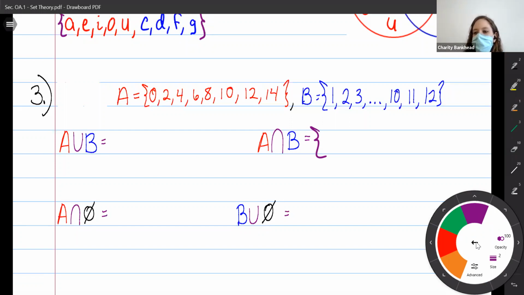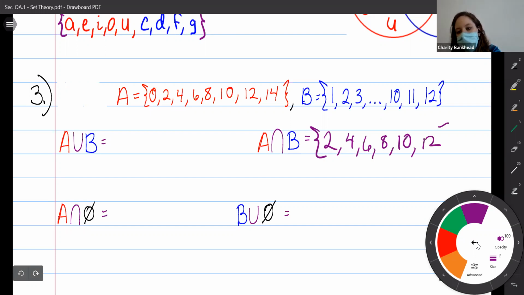Anybody want to say? 12. What else? Let's start at 2, and then the dot, dot, dot means everything in between. So 4 and 6 and 8 and 10 and 12 are all in the intersection.